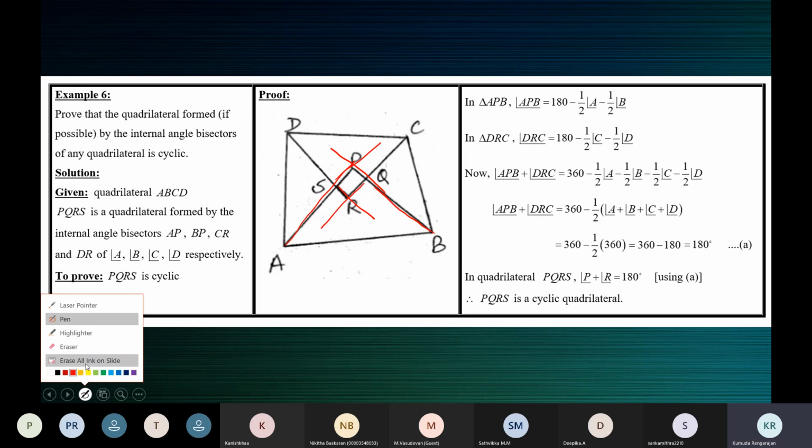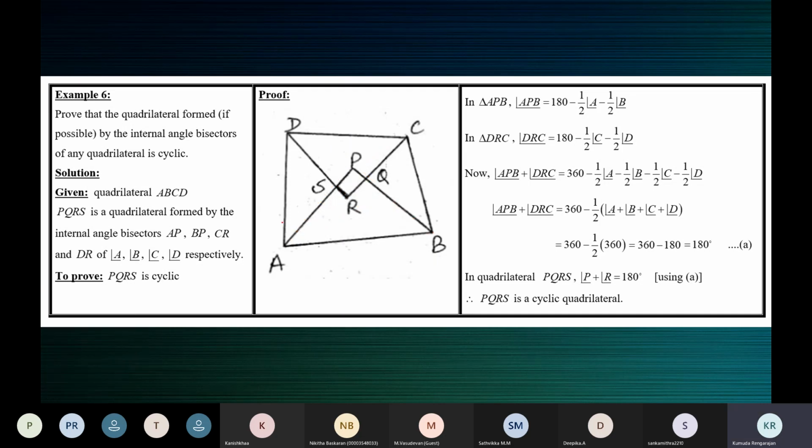Let me show you again. See, when you construct the bisector of this angle like this, it is a line or a ray. It goes like this.